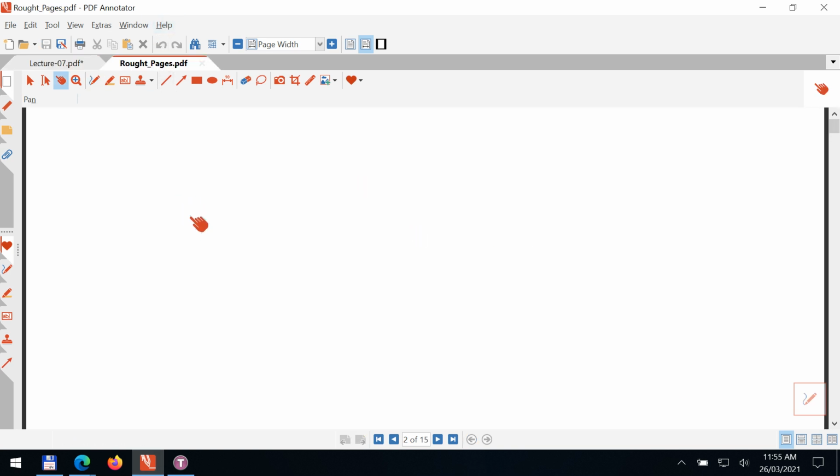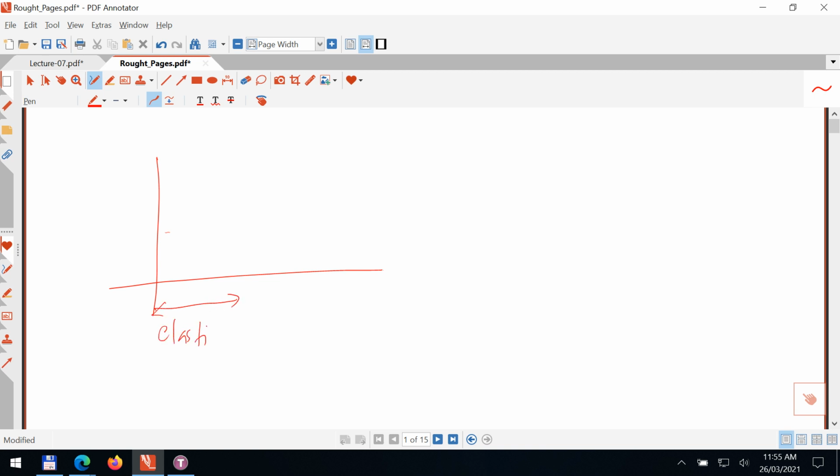Okay, in the stress strain curve, you have this elastic range, and you have this plastic range. Agreed? Elastic region and plastic region. Let's say after this you have that failure.